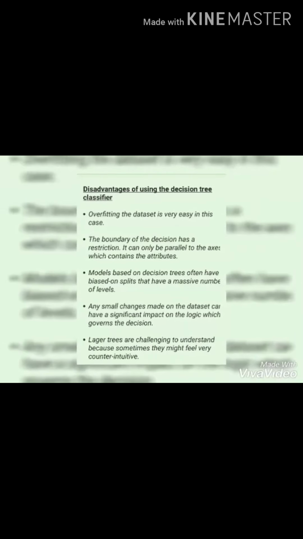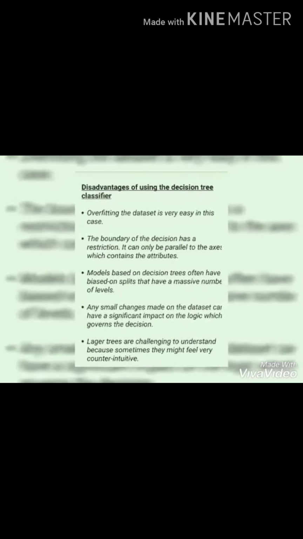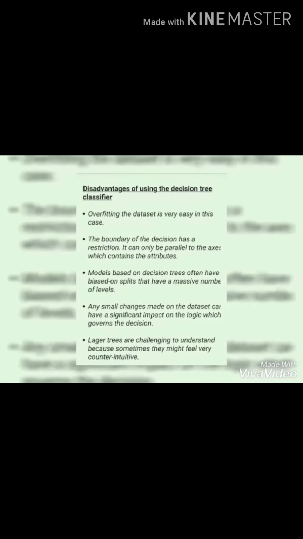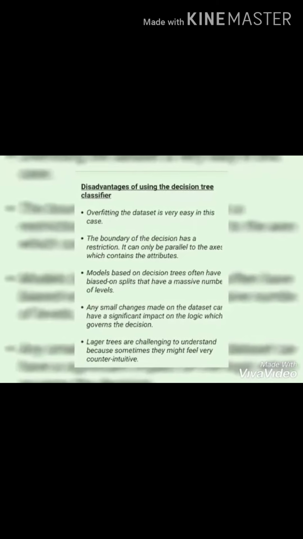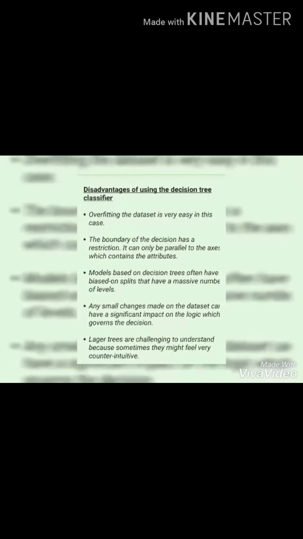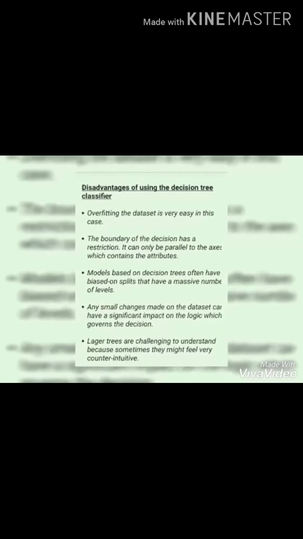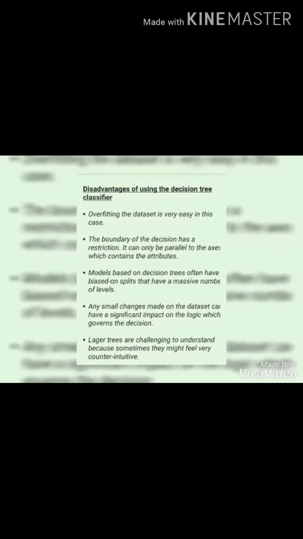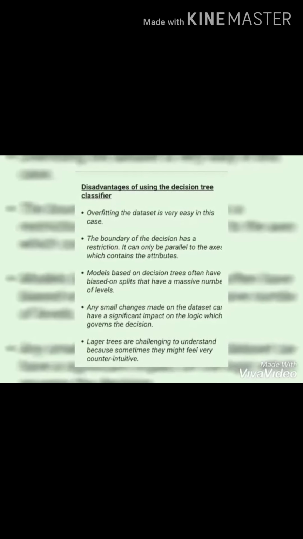Now I explain about the disadvantages of using the decision tree classifier. Overfitting the dataset is very easy in this case. The boundary of the decision has a restriction: it can only be parallel to the axis which contains the attributes. Models based on decision trees often are biased toward splits that have a massive number of levels.